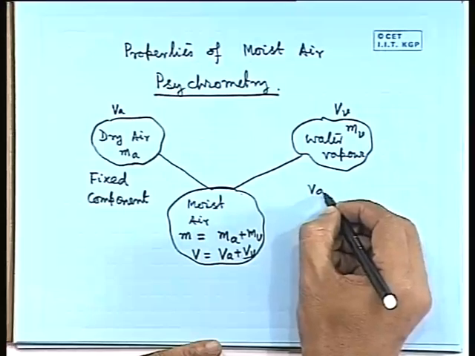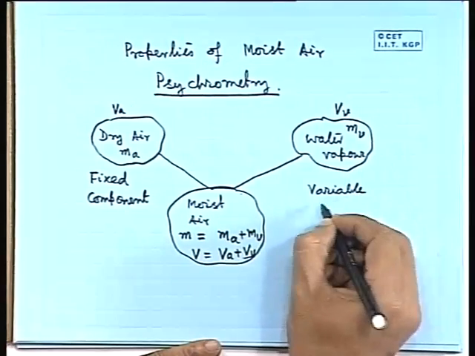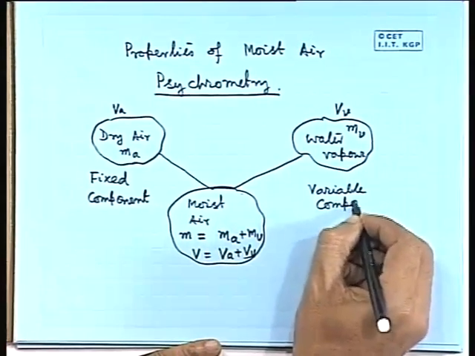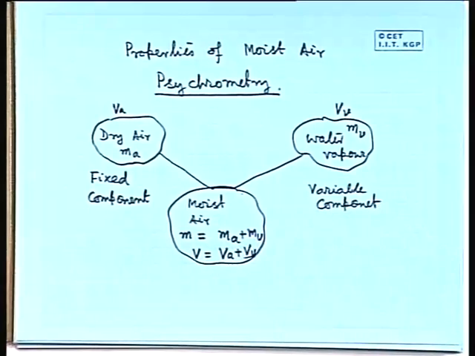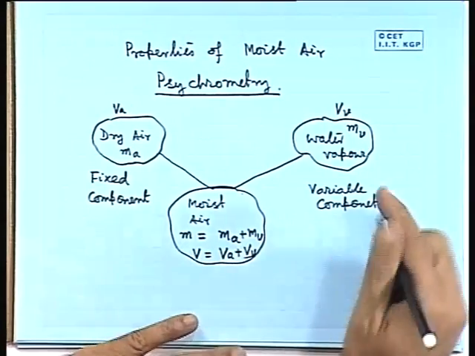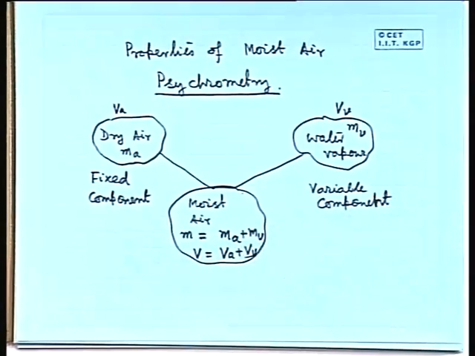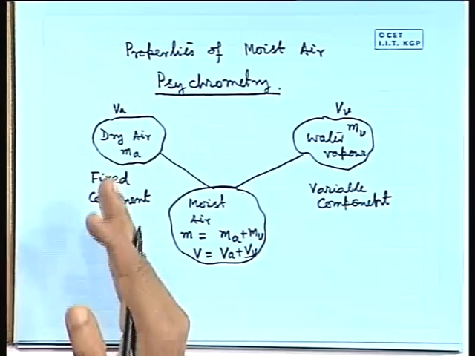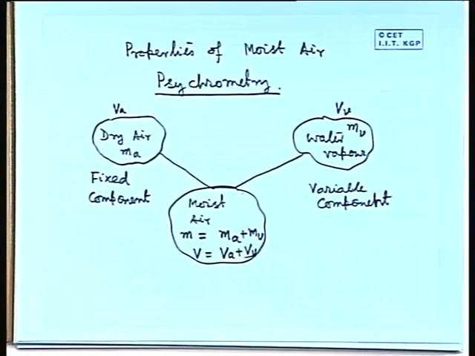So this is the variable component. Why have we made a demarcation like this? All the properties we will try to express in terms of the fixed component.